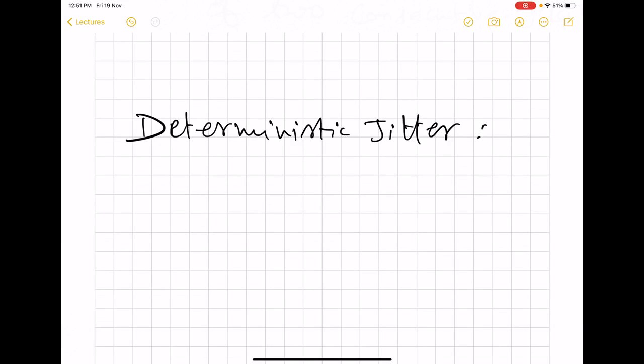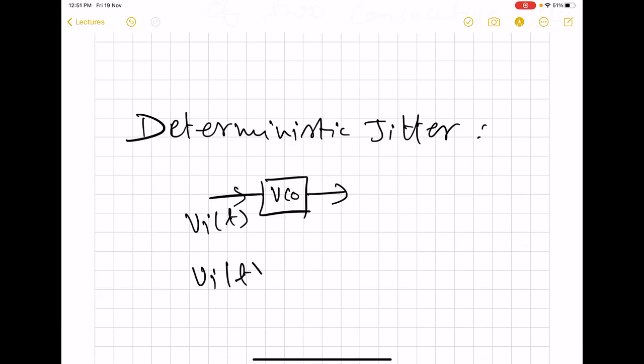Say we have a VCO whose output is modulated, or whose control voltage is being determined by a sinusoidal waveform, say b cos omega m t.